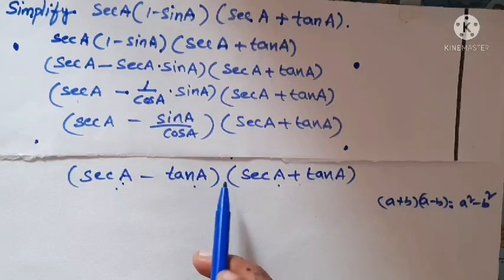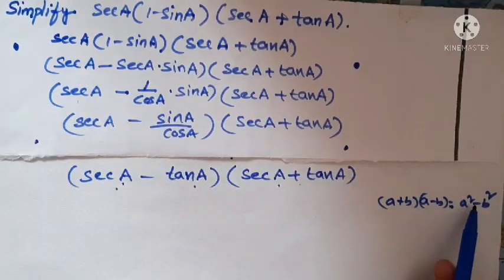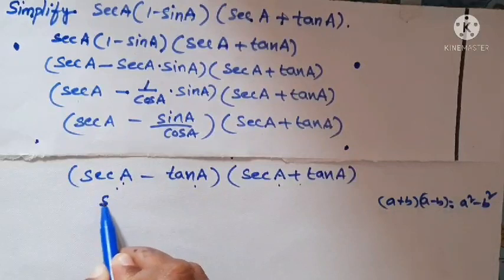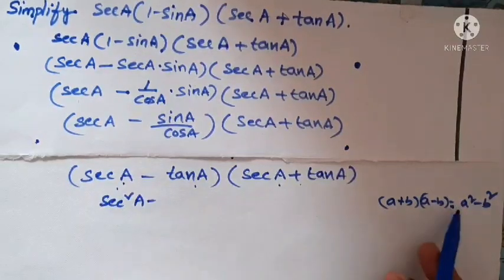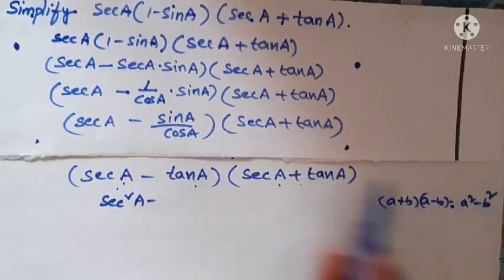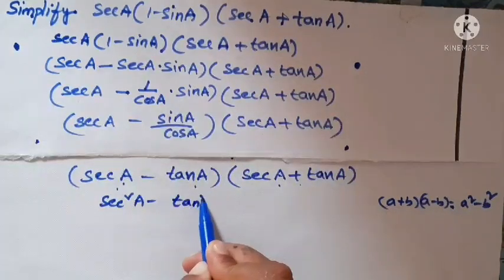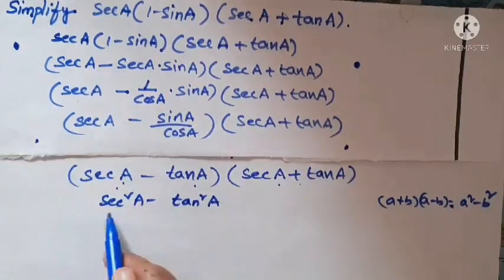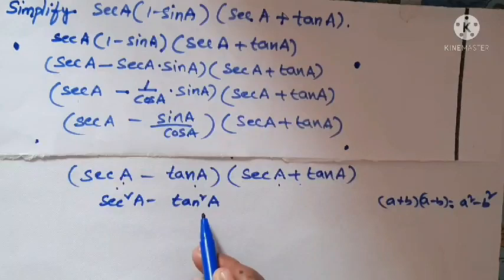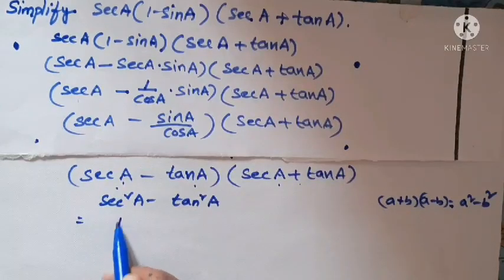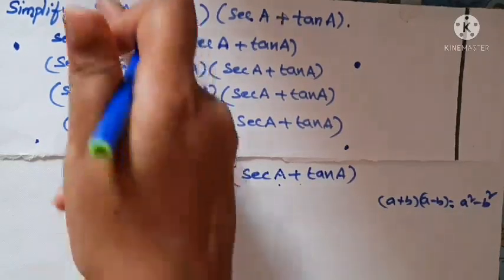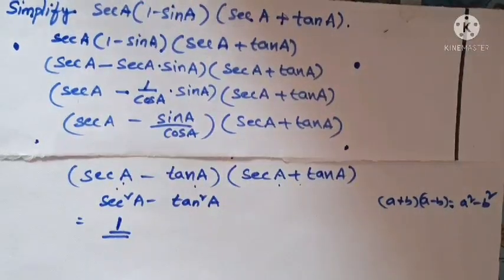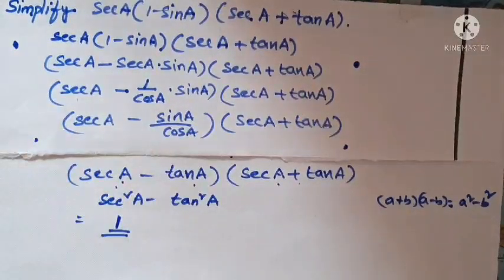So you can write in the form of a square minus b square, that is secant square a minus tan square a. You know that secant square a minus tan square a value is equal to 1. This is the simple equation. This answer is equal to 1.